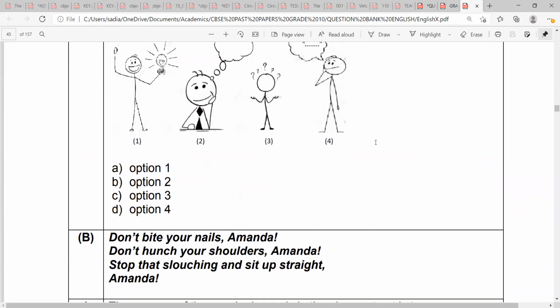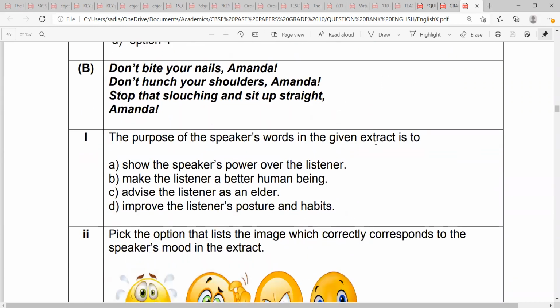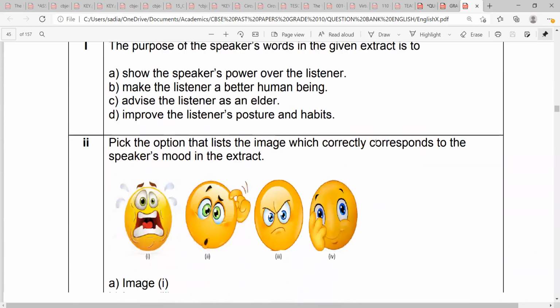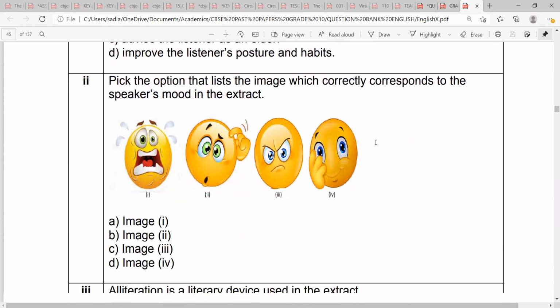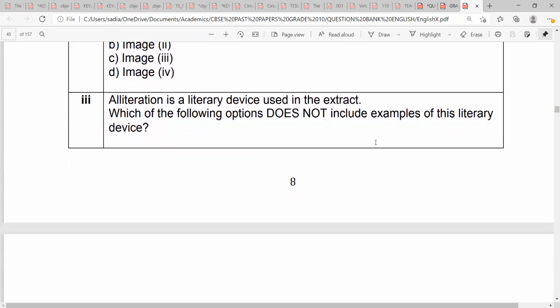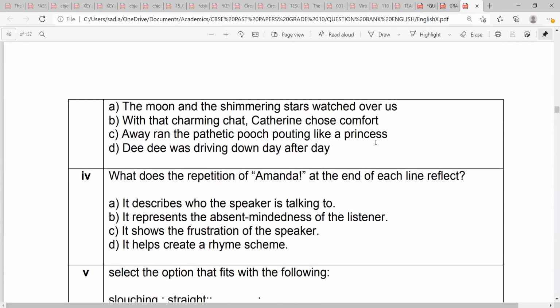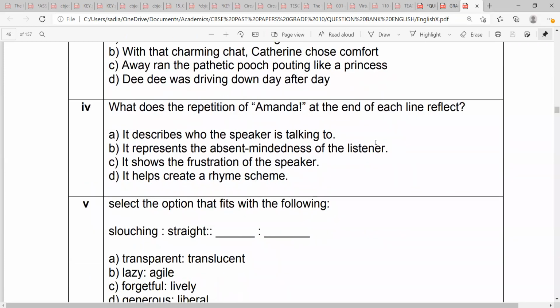Check, look at the options, read the text, look at the questions, select the answer, look at the visuals, select the option. Let us proceed to the next. Pause the video and read.